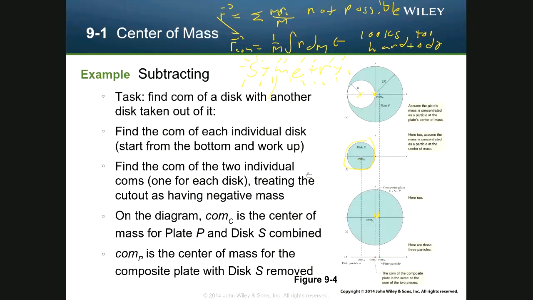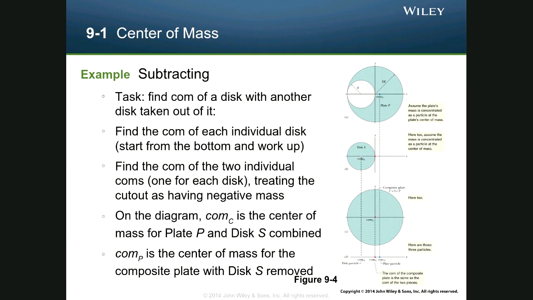I'm going to actually delete this stuff up here because I want to make a point about actually solving the problem. But just look at part B. We can reduce this to two easy problems to solve.